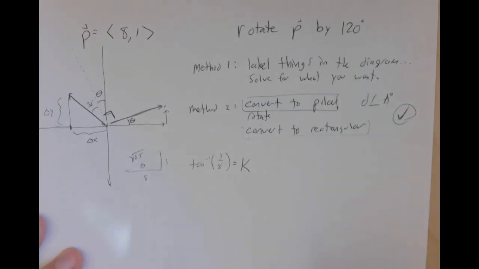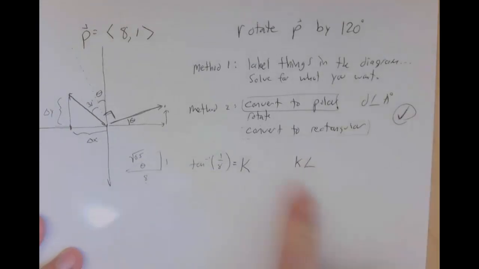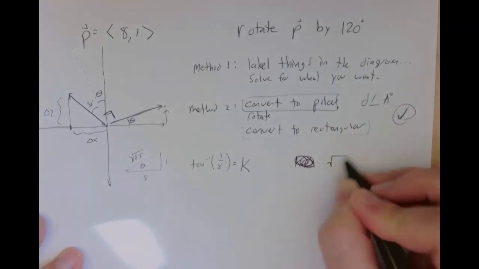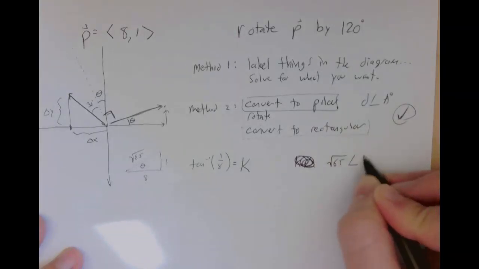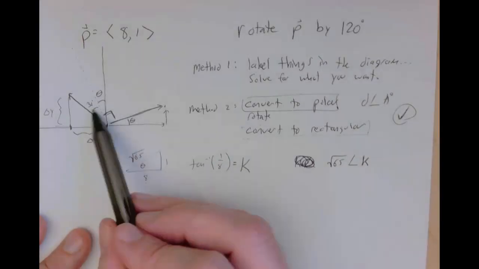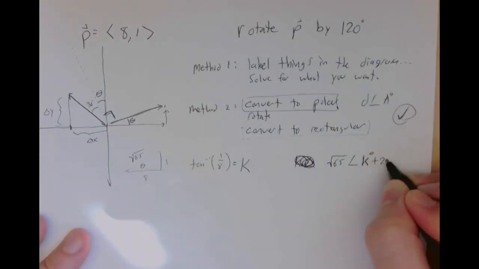Okay, so in polar form now, we've got that the angle is some number k. Oops, no, that's the angle, sorry. We've got that it's a distance of root 65 and an angle of k. All right, so what happens when we rotate it? If we're going to rotate it by 120 degrees, let's make sure k is in degrees, and then we'll add 120 to that.